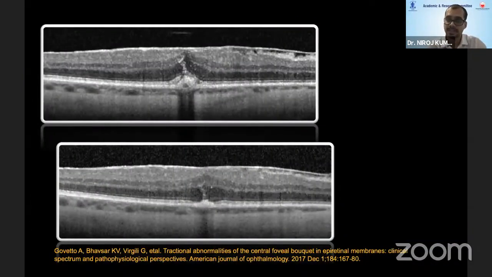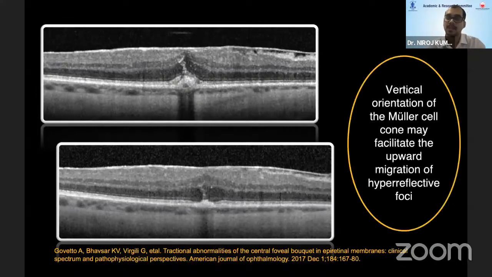This vitelliform lesion again can migrate upwards into the inner retina, along with disruption of the ellipsoid zone. This can again decrease vision in some patients.